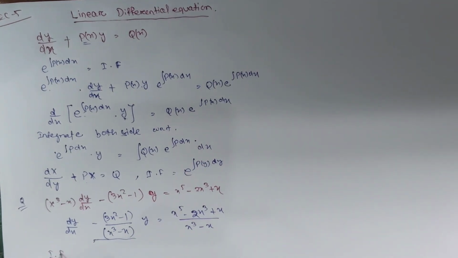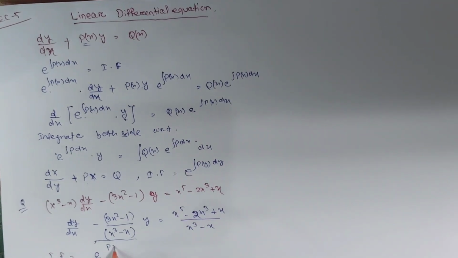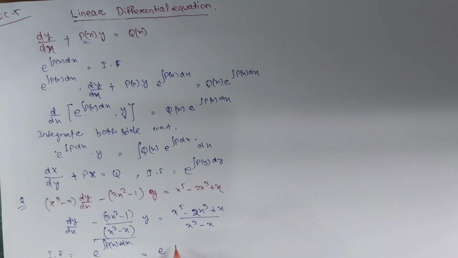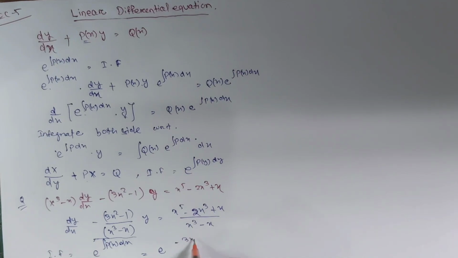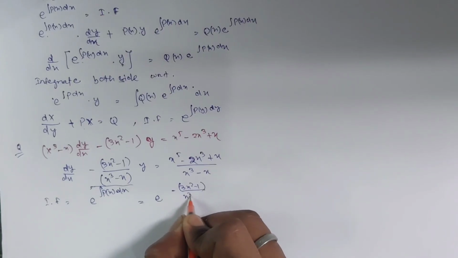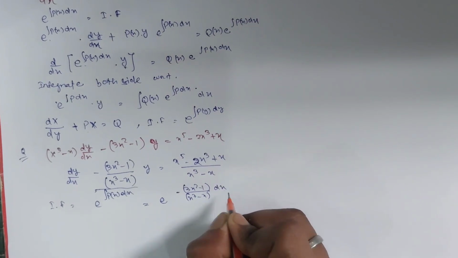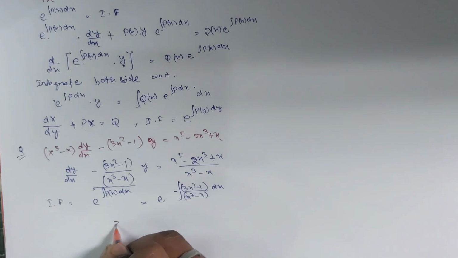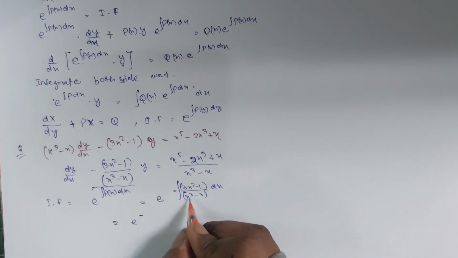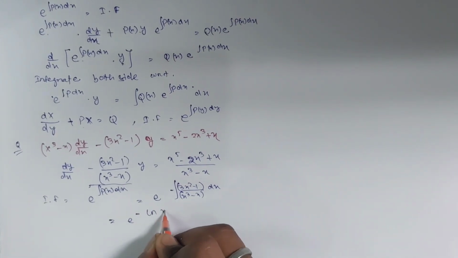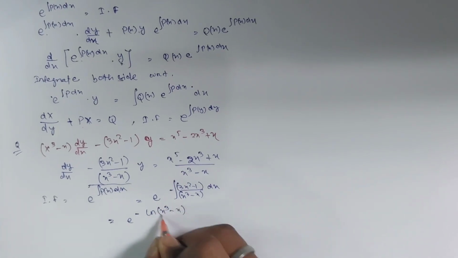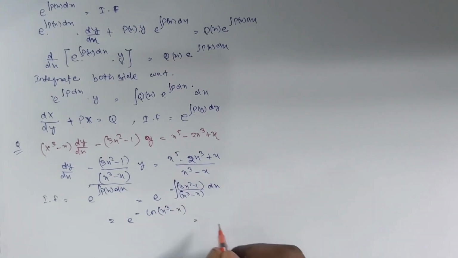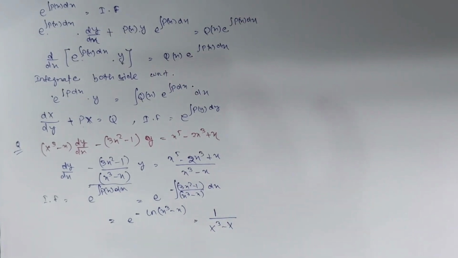So the integrating factor equals e^(∫P(x)dx), so the exponential of the integral of minus (3x² − 1)/(x³ − x) dx. So this becomes the exponential of minus ln(x³ − x), so it becomes 1/(x³ − x).